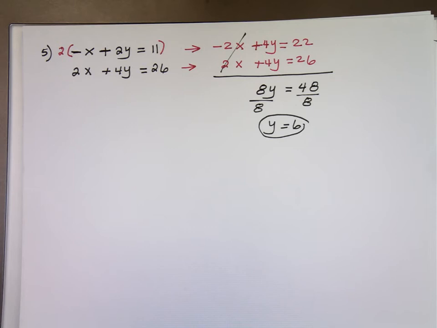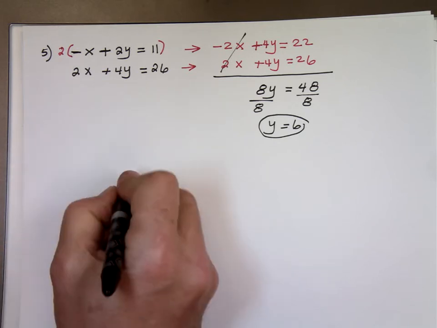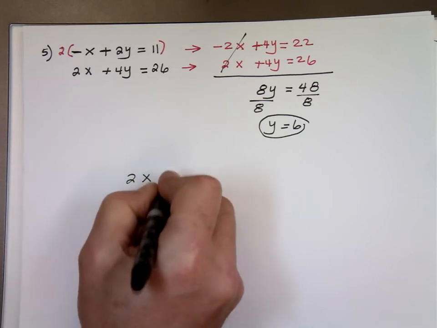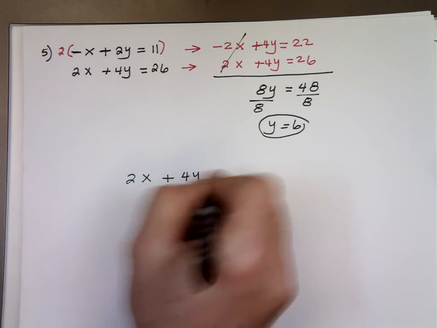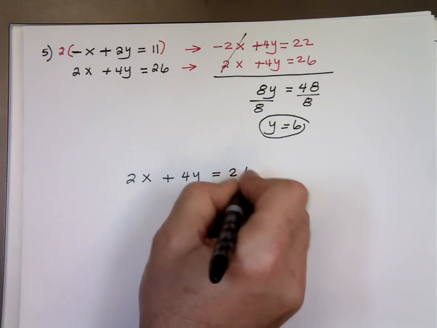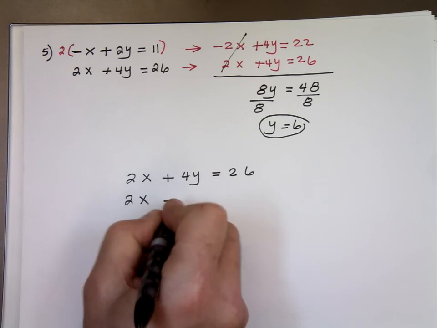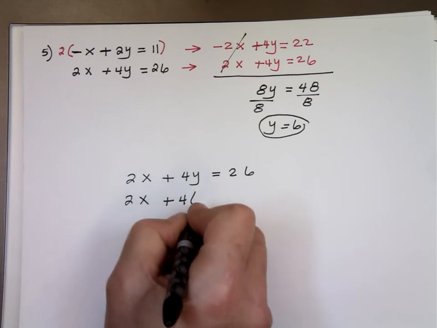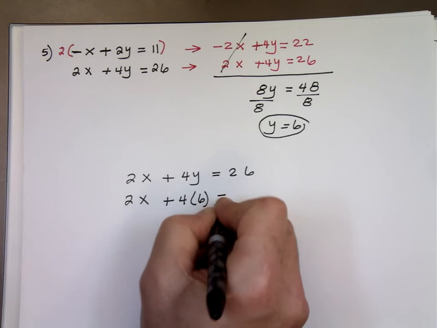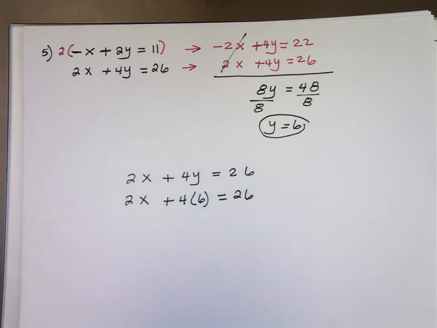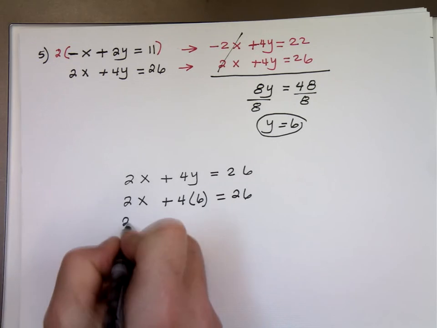Now I got to solve for x. Grab either equation, it doesn't matter which one. I'll take the second one, no reason why I chose the second one. 2x plus 4 times 6 equals 26. What's 4 times 6? 24.